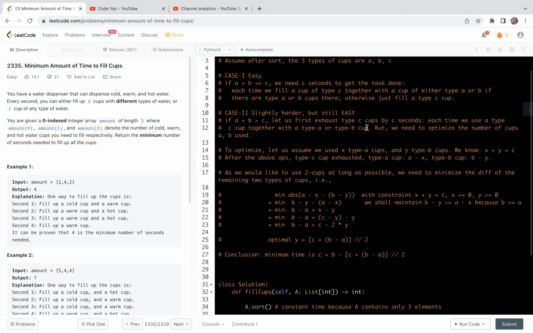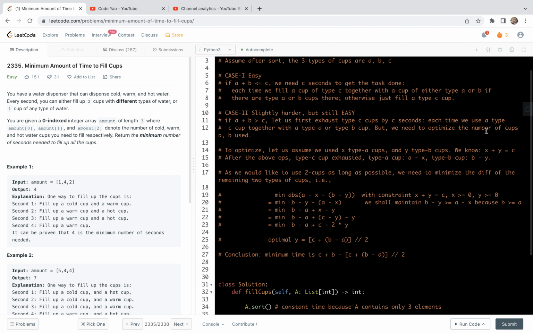But after we exhaust type C cups, there are still possibly type A or type B cups. Therefore, we need to optimize the number of cups of type A and B used. The remaining part is to analyze the optimization task.